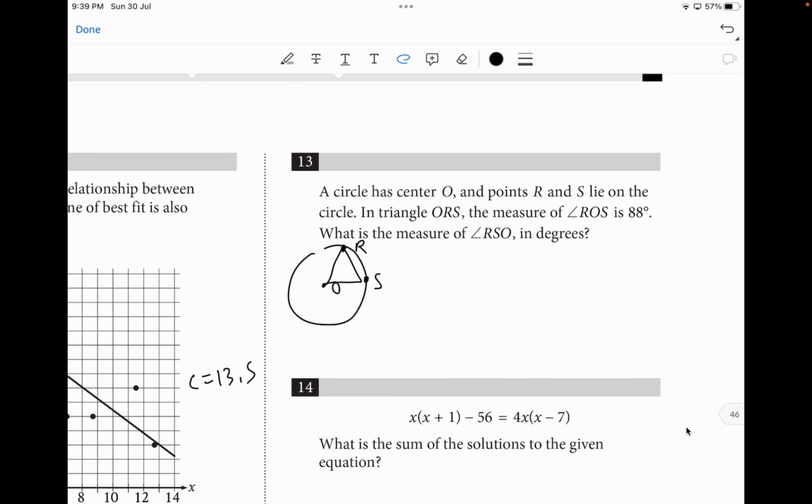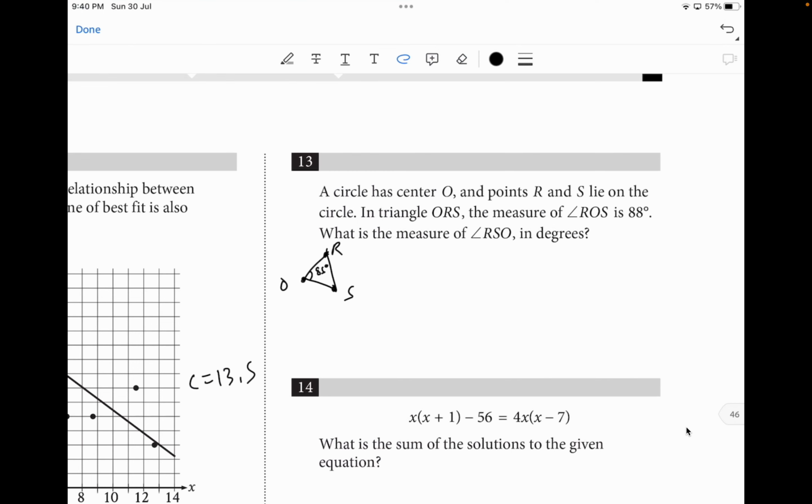Actually, rather than drawing the circle, we're just going to be drawing the triangle that we can visually see. ORS, and ROS is 88 degrees. What is the measure of angle RSO?